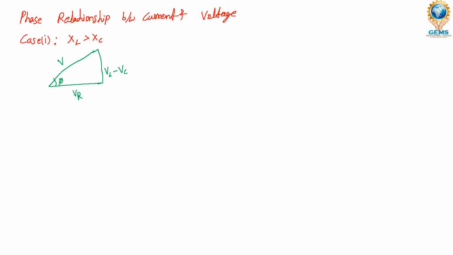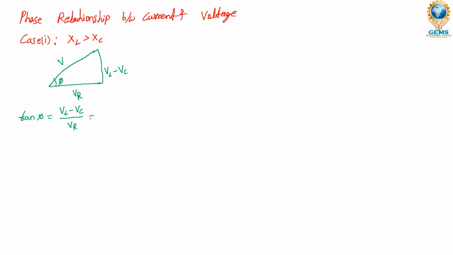In this, if we see the relationship between current and voltage, first we are going to see tan phi. Tan phi means opposite by adjacent. Opposite we have VL minus VC, by adjacent we have VR.